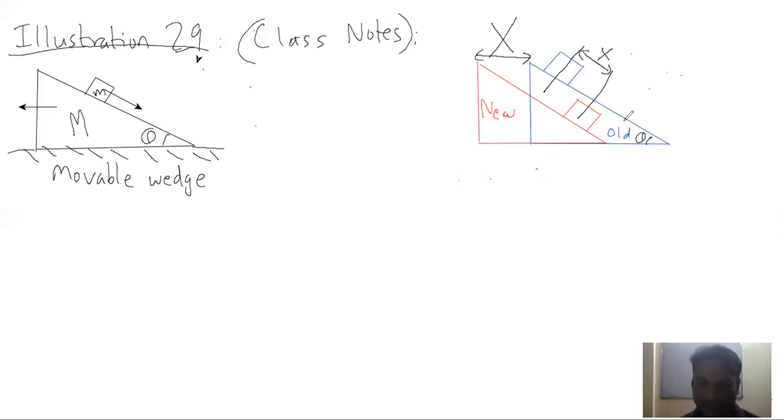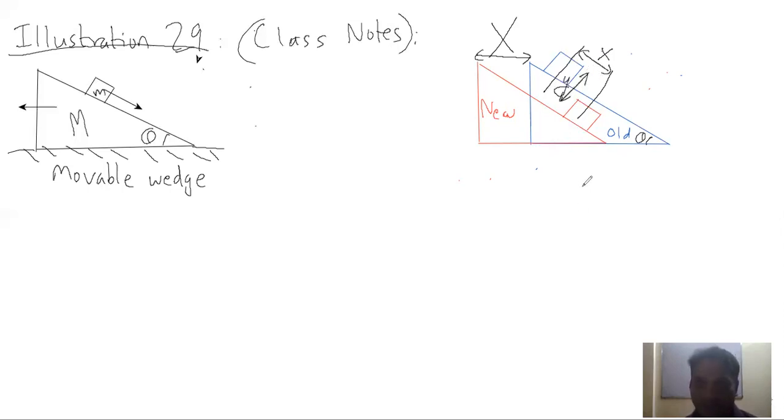So if I consider the relation between small x and capital X, how are they related? Let me show that relation. Let me draw the diagram here. So in this case, the distance moved by the block down the inclined direction, the block has moved some distance y in this direction.